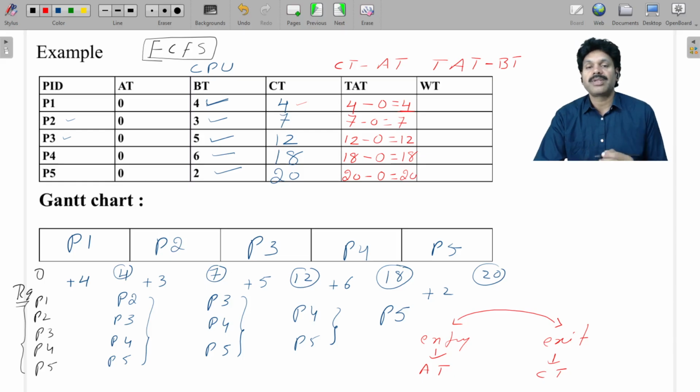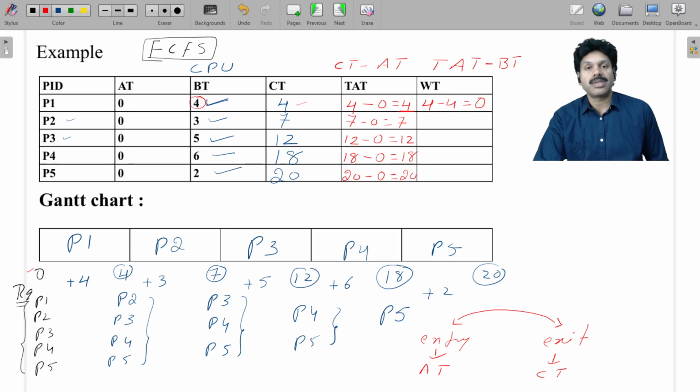Out of the 4 units of time, how many units are you busy with the CPU? 4 units I'm busy. Therefore, 4 minus 4, which is 0 waiting time. Exactly. Because P1 has come at 0, immediately it is processed. Therefore, there is no waiting time.